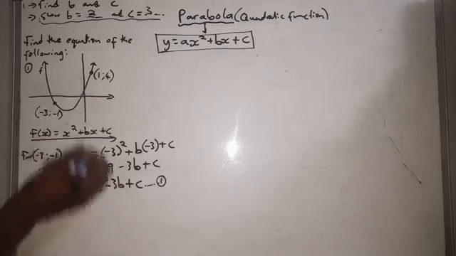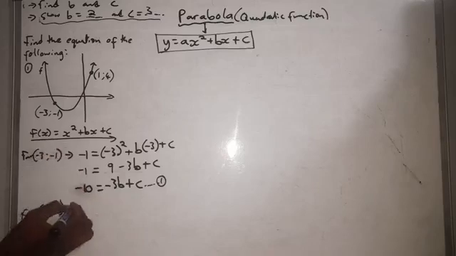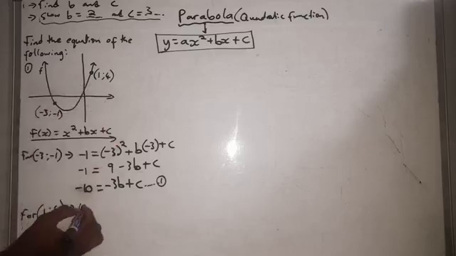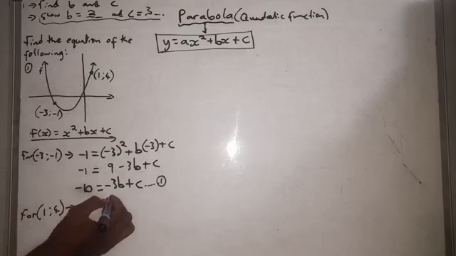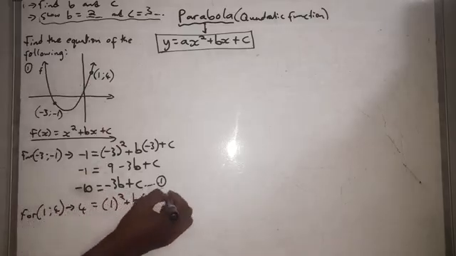Now moving to the other point, 1 and 4. I'm going to do the same thing. In the place of y, I'm going to plug 4 equals, in the place of x it's going to be 1 squared plus b, in the place of x 1 again plus c.